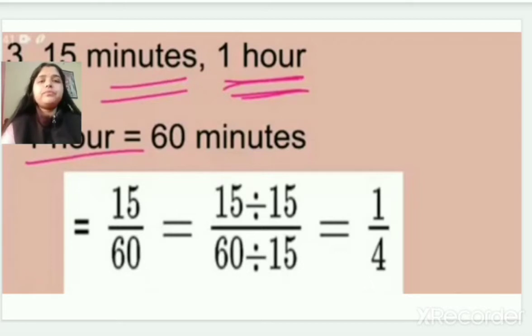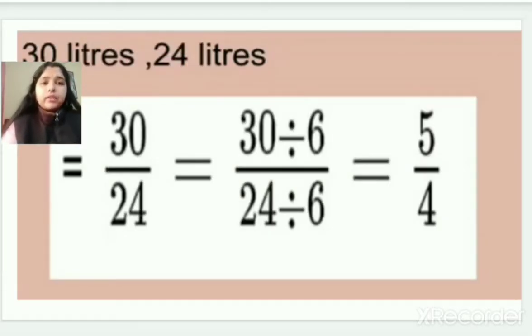Now we have the next question, that is 30 liters, 24 liters. So we have 30 by 24, that is 30 upon 24. Again, divide by a table in which both numbers come. Which table is that?